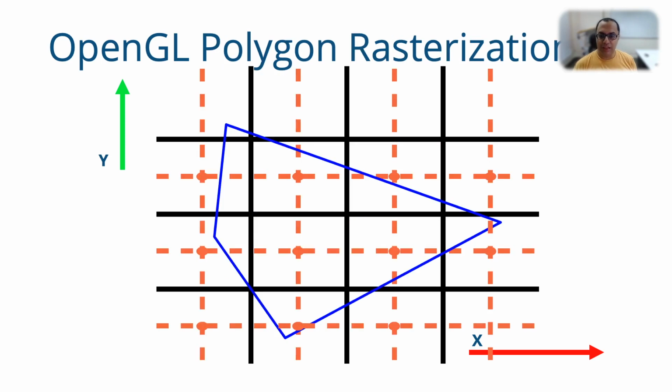Similarly, for polygon rasterization, here you have a polygon and the pixel grid inside. The polygon rasterization spec in OpenGL says that pixels whose centers lie inside the polygon are the pixels that should be colored for a filled polygon. It does not say do scan fill or flood fill, but it says this instead.